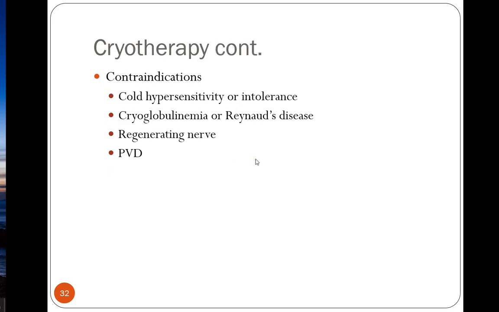It is contraindicated in hypersensitivity to cold or cold intolerance. So anytime you have a client who is hypersensitive to cold, we don't use ice or cold therapy. It is also contraindicated in two conditions, cryoglobulinemia, I think I said that right, and Raynaud's disease.